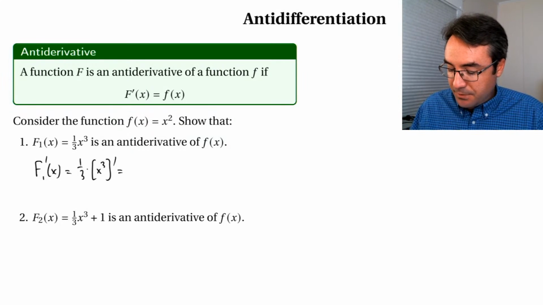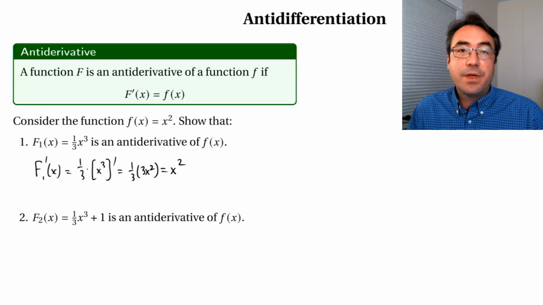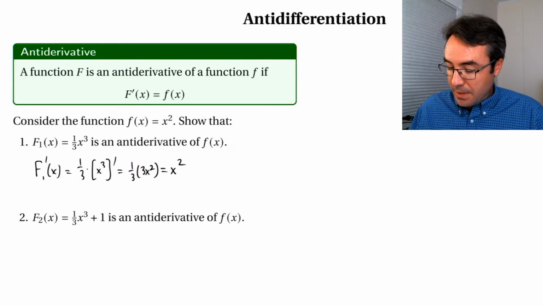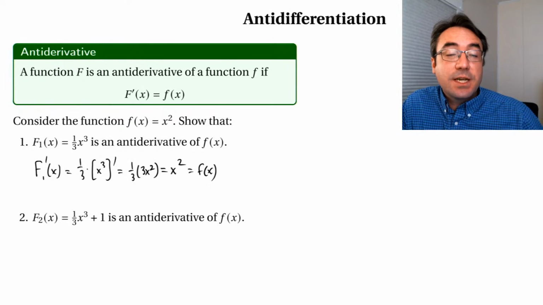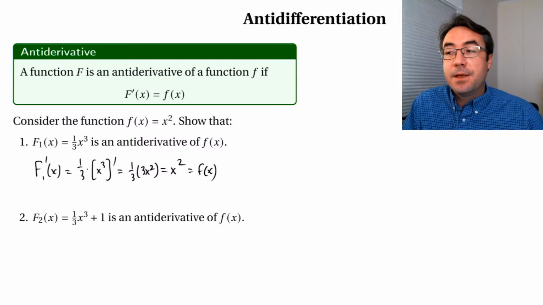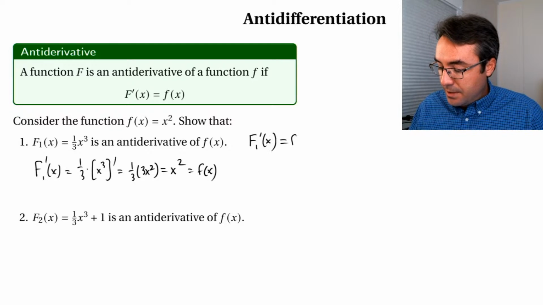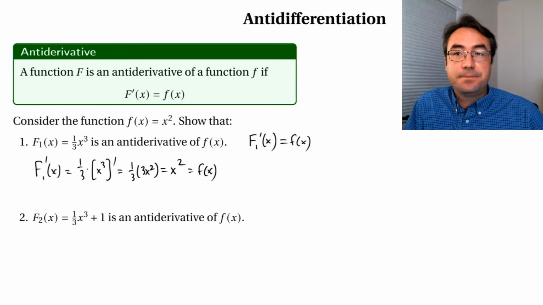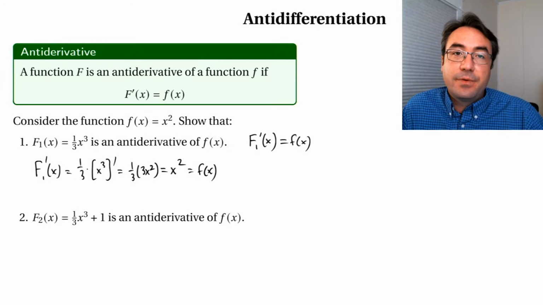We have a constant multiple in front, so we end up with 1/3 times 3x squared, and then the 3 and the 1/3 cancel, so we're left with x squared. And that's precisely lowercase f. So what we've shown in this calculation is that the derivative of F1 is equal to little f, and that's what it means to be an antiderivative. So 1/3 x cubed is an antiderivative of x squared.